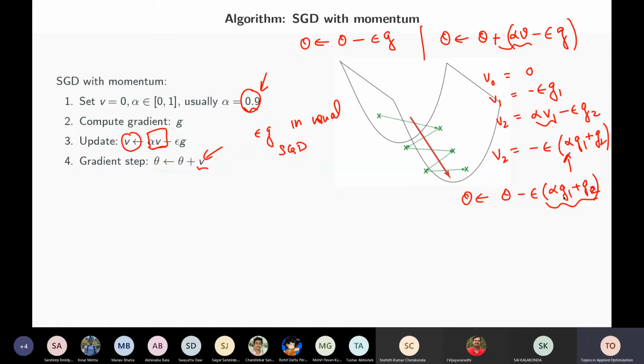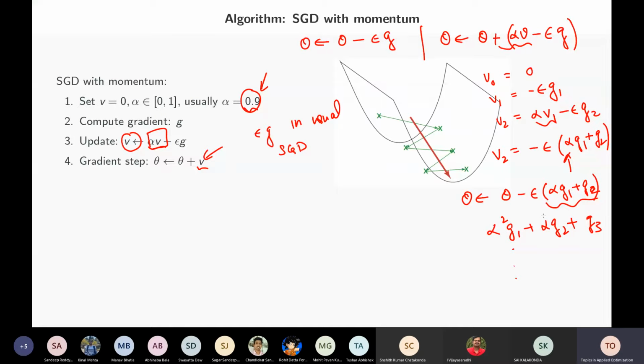Now, if we apply this recursion continuously, I will have more and more. So in the next step, I will have alpha square G1 plus alpha G2 plus G3. Recursively it will keep going. Since alpha is less than 1, alpha square will be smaller compared to alpha.